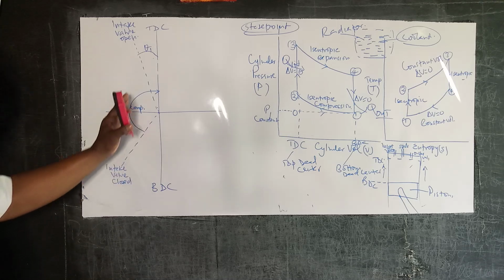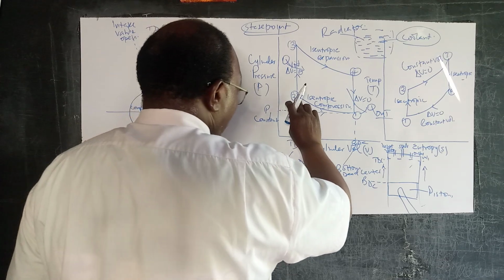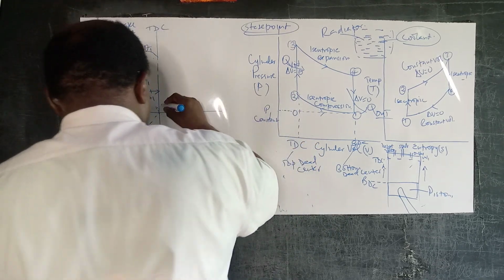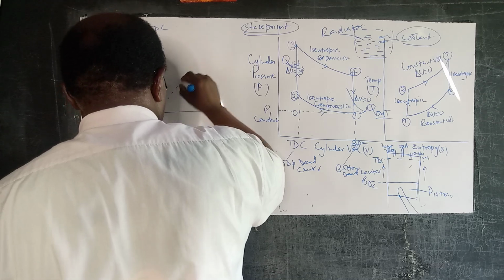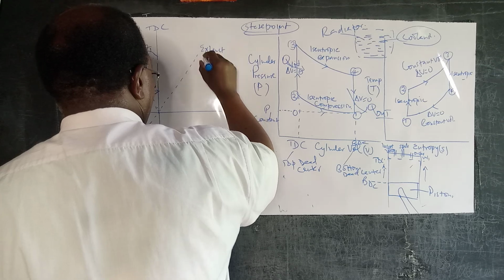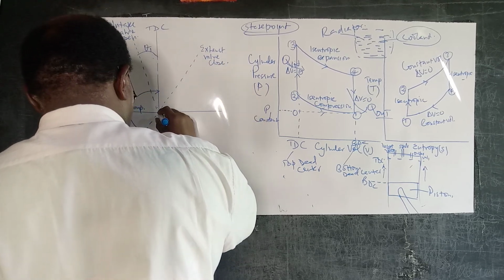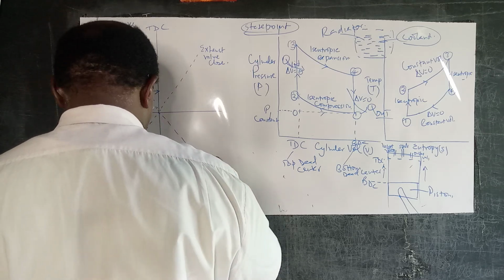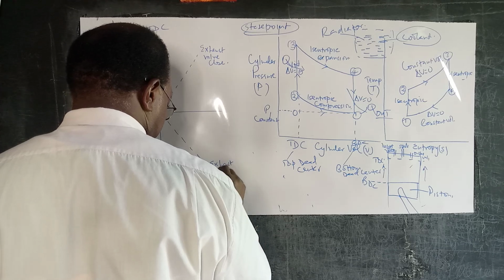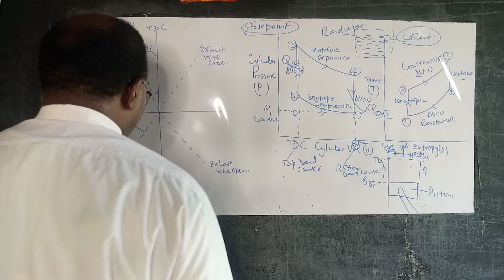Then, let's mark our exhaust valve: exhaust closed, exhaust valve open. So we have our compression.